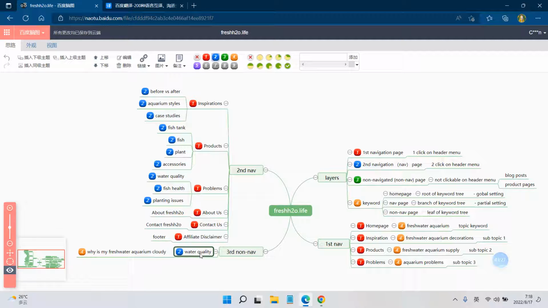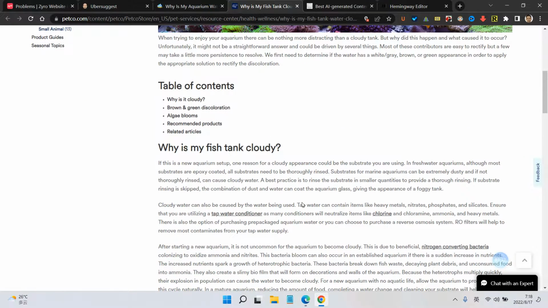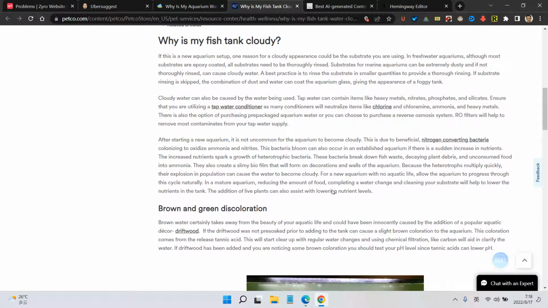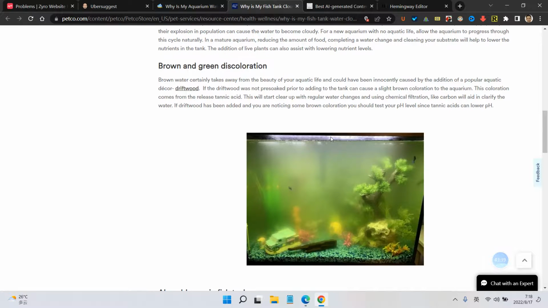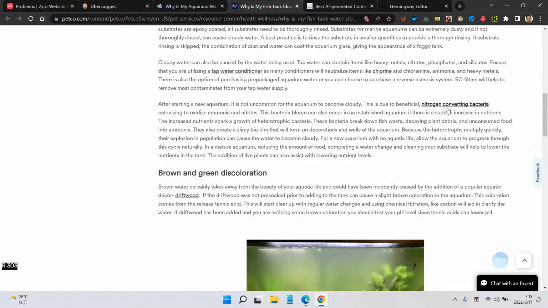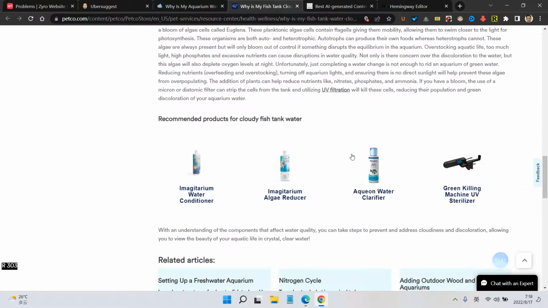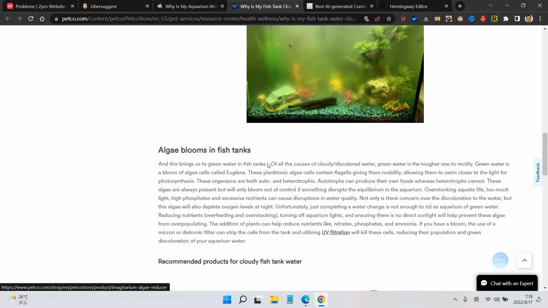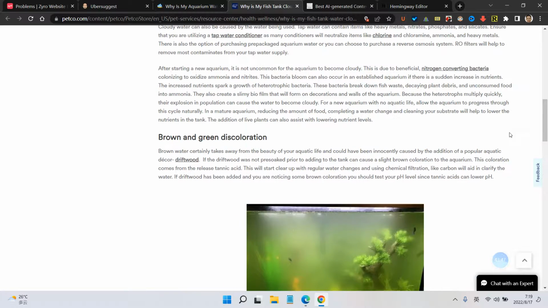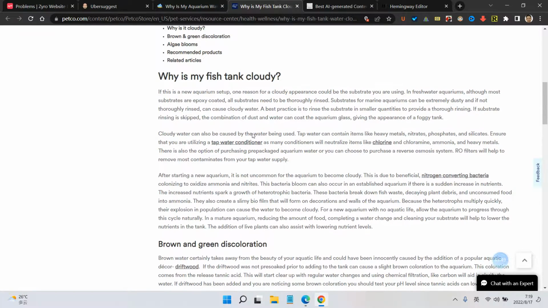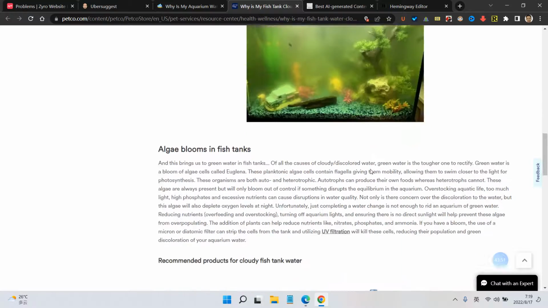This is my strategy, but I do see here they are doing the same thing, right? Maybe I think here they only introduce how to deal with the problem, so they only introduce some products.